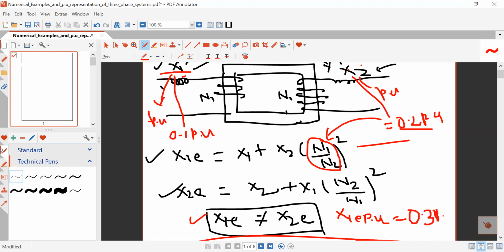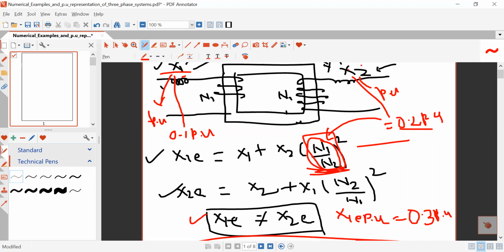So without the knowledge of turn ratio, you can directly calculate total reactance of the transformer. So turn ratio is not important if you are doing calculation in per unit system. This is the biggest advantage of per unit system.